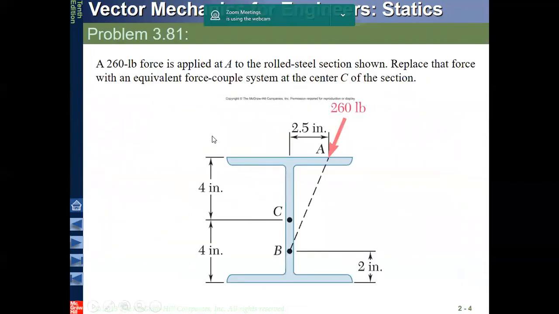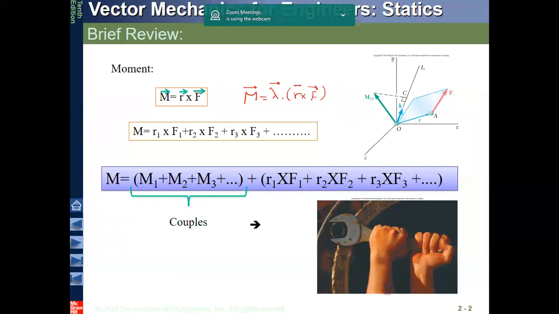And so if you have a rigid body with multiple forces acting on it, then you simply calculate the moment of each force about a given point, let's say O, and then sum them to get the total moment.